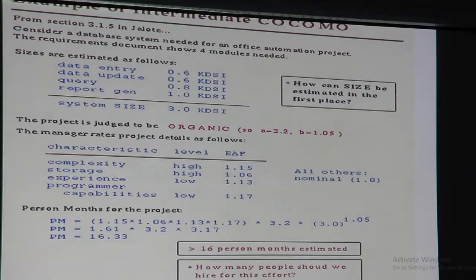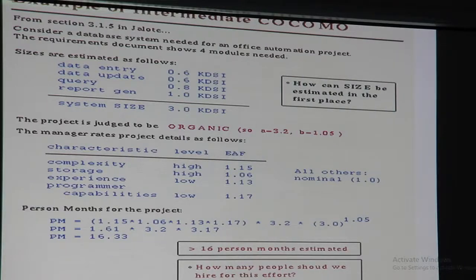That EAF is multiplied by A, where the value of A is 3.2, and B is 1.05, and 3.0 is my system size in KDSI, thousands of lines of code. PM is person months, which is my effort, and that is how I calculate it.